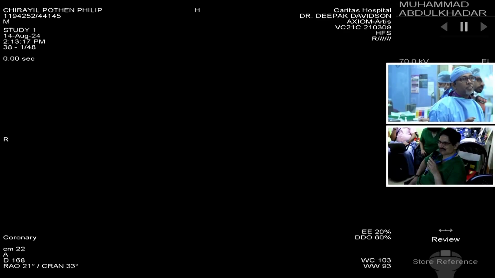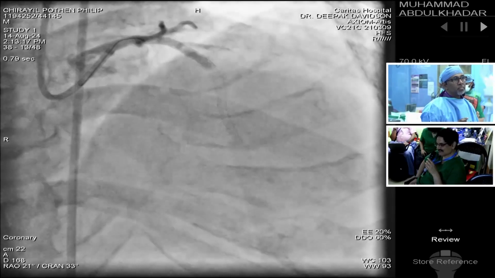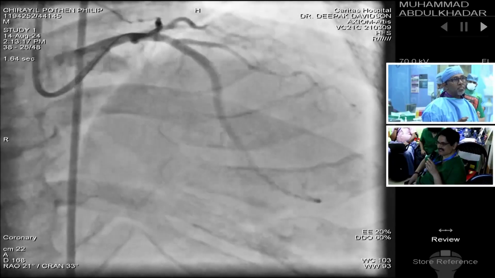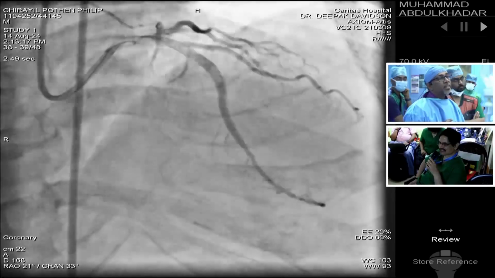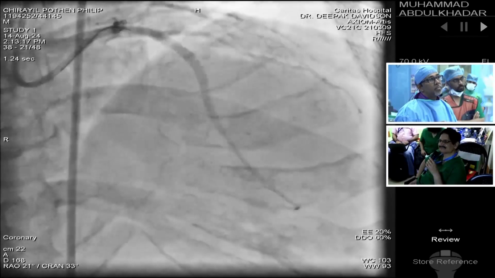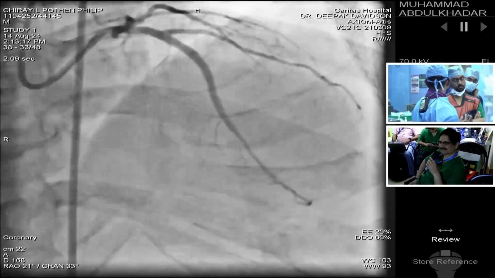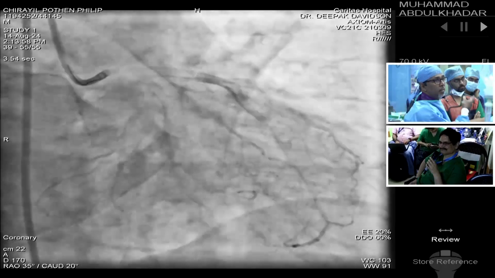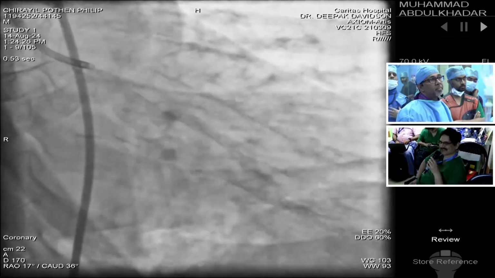I think the protruding calcium will be there in the RCA because of a very hazy lesion at the site of maximum tightness. Next RCA. Is that the last one? Good result. Next. Yeah, that's the last. Very good result.